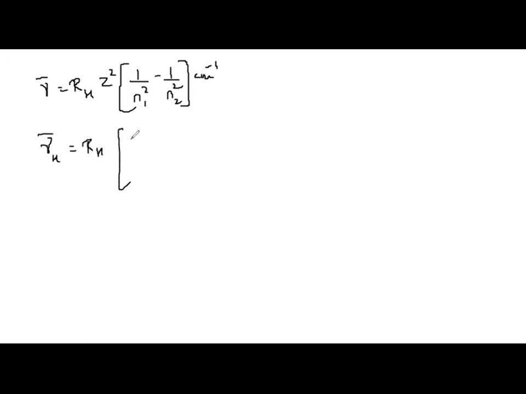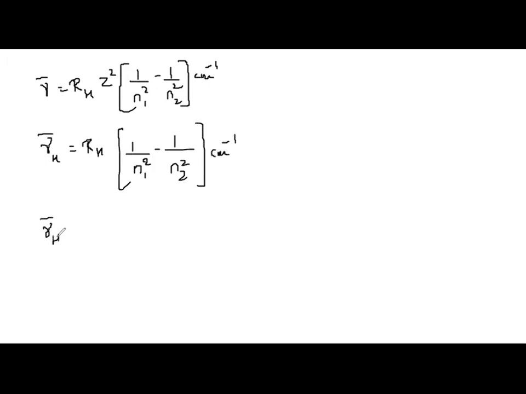We know that wave number is equal to RH into Z square, when it is for hydrogen-like ions, times 1 by N1 square minus 1 by N2 square, per centimeter. For hydrogen, mu bar is equal to RH, since 1 square is 1, times 1 by N1 square minus 1 by N2 square, per centimeter.